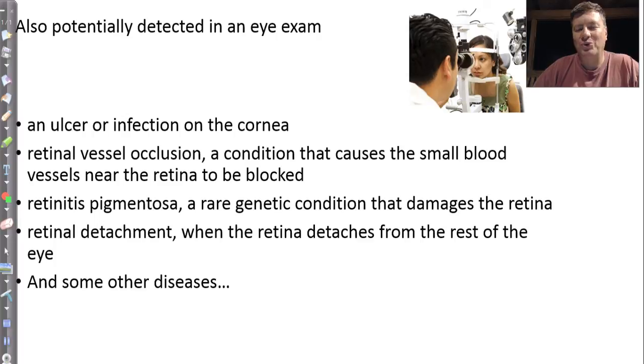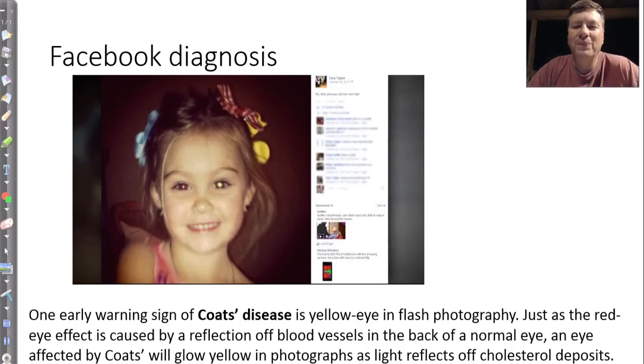But one story that came out last year I thought was kind of cool was a Facebook diagnosis of Coats disease. A woman posted a picture of her daughter, and this is her, on Facebook. And someone saw this, and they said, you need to get that girl checked. Mom thought it was just kind of a weird trick of the light, while the girl's eye appeared to be somewhat yellow, but actually it's an indication of Coats disease, where many people are going to have red eye.